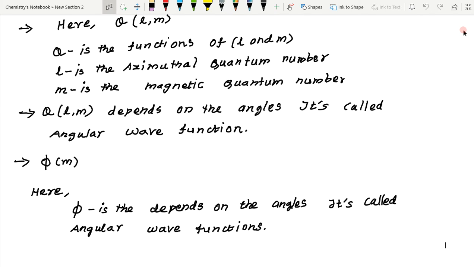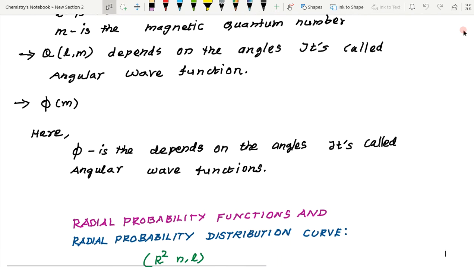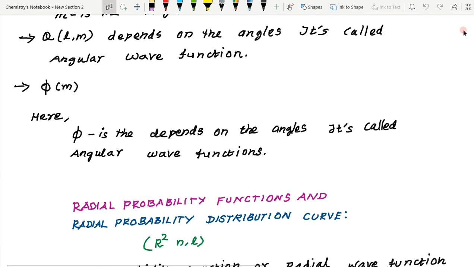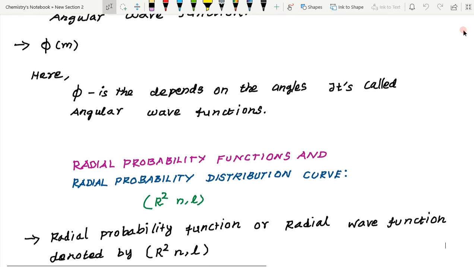Theta l m depends on the angles, so it is called an angular wave function. Next, phi m also depends on the angles, so it is called an angular wave function. m is the magnetic quantum number.